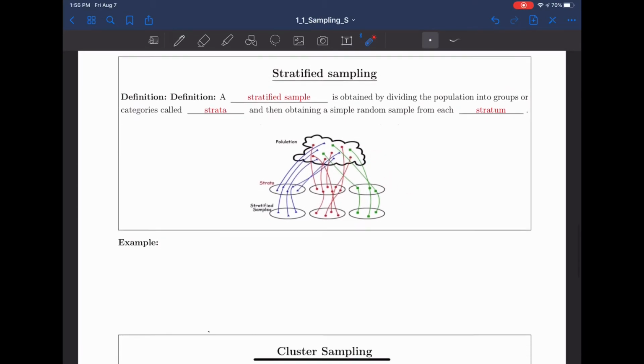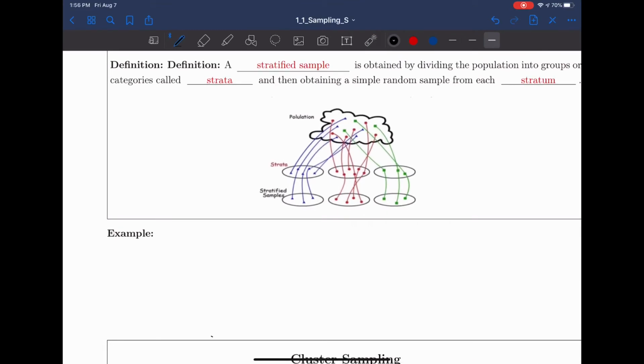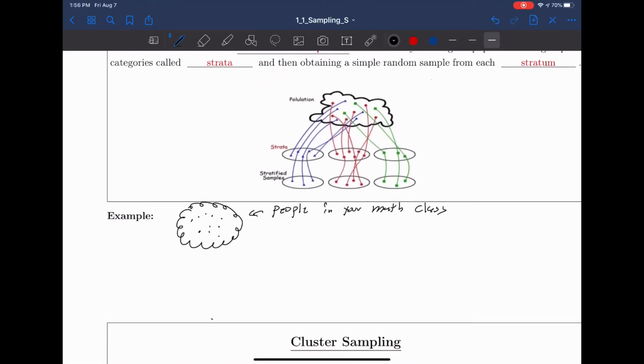So a quick example will be, let's say you have people in your math class, and you want to group them up into, let's say, their ages. So 1, 2, 3. Let's say this will be people who are less than 20 years old.